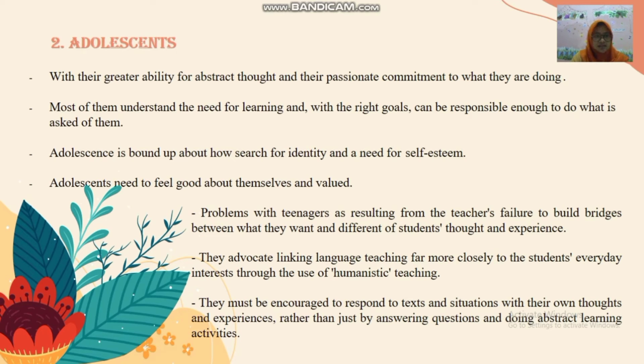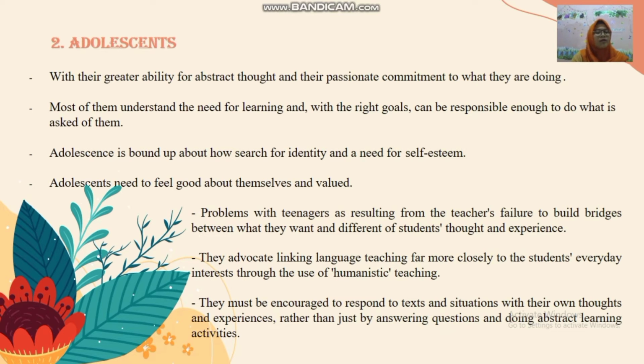So the next is adolescence. There are characteristics of adolescents. First, they have a greater ability for abstract thought and a passionate commitment to what they are doing.